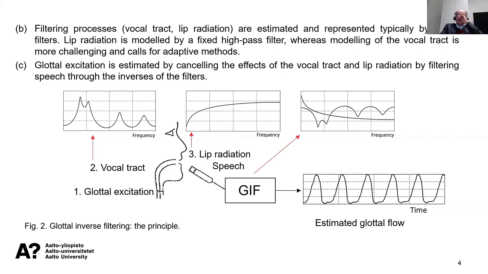The only exception is that if you need to have absolute flow values, then that's a problem, because absolute flow values need a flow mask. I'm trying to develop by myself a technique to somehow combine these absolute values with free field microphones, but it's still not published anything yet.